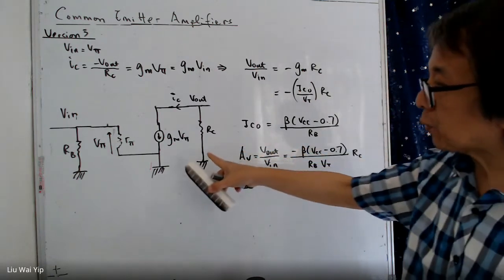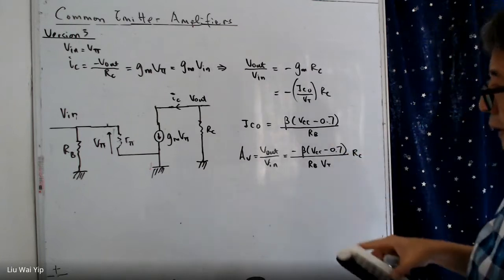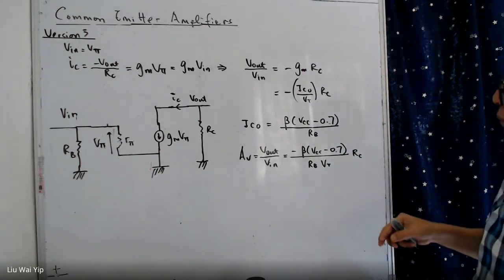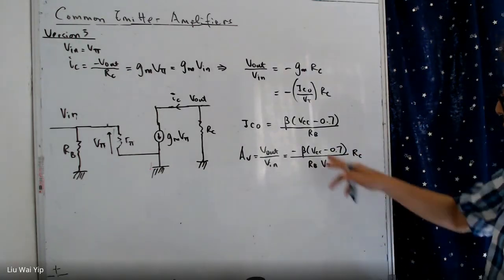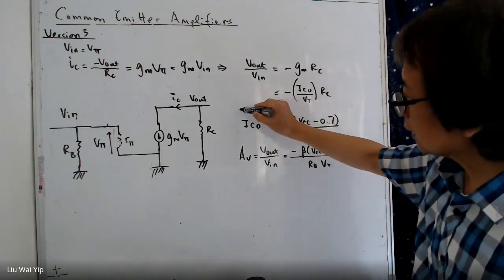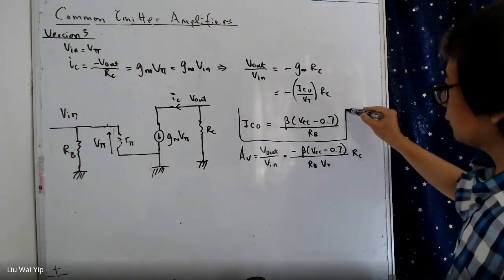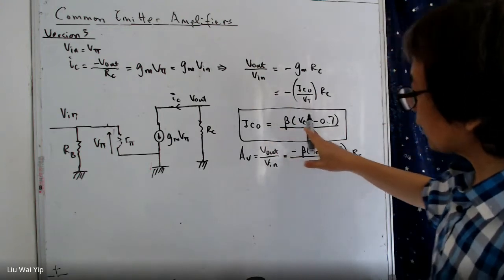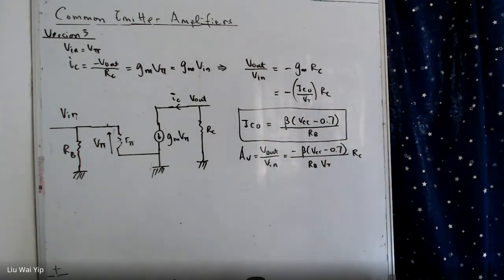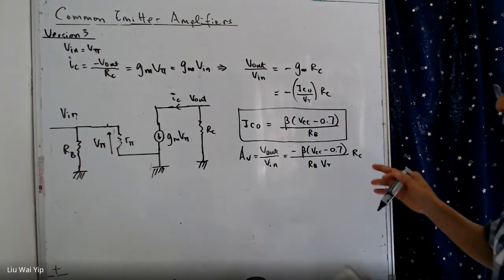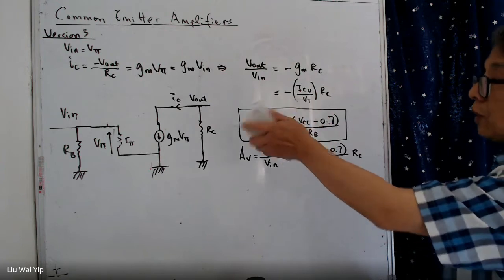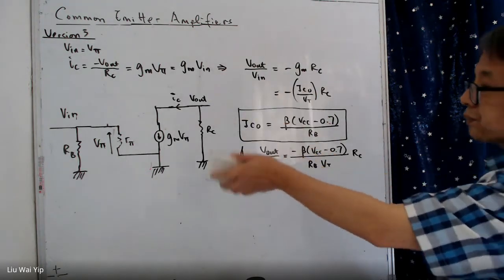So I will give you about 1 minute to review the material here. This equation came from the DC biasing box. Okay, let's try the fourth version, another version.